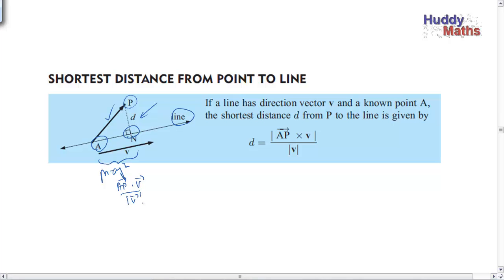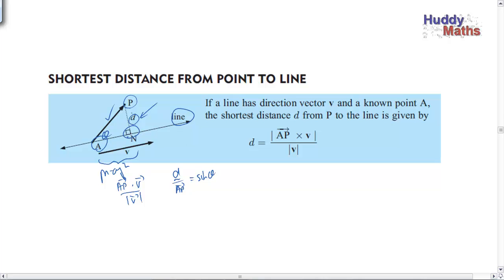I hope you remember that derivation. A dot product, you get that. Well, this is going to be pretty similar because we want D, and you can say here that D over the length of AP is the sine of that theta there, isn't it?